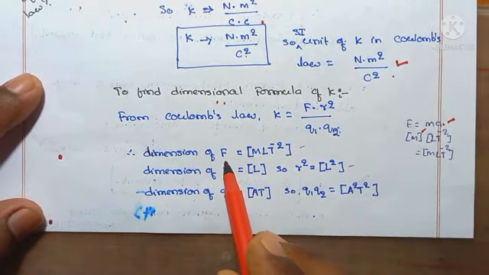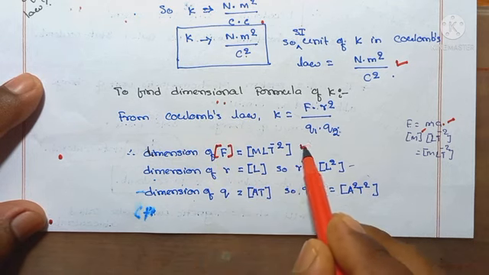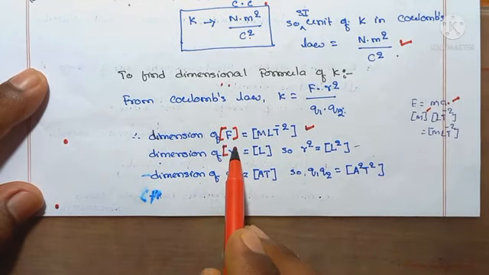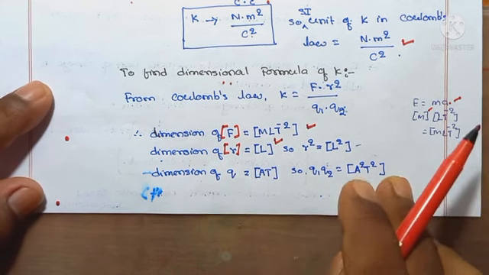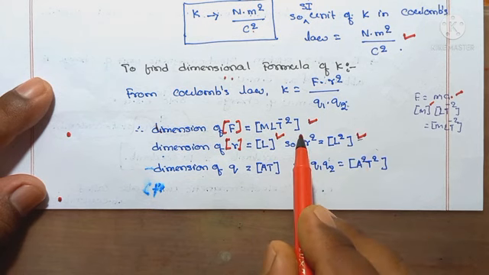Now the dimension of force is M L T inverse 2. The dimension of r, the distance, is L, so the dimension of distance square is L square.